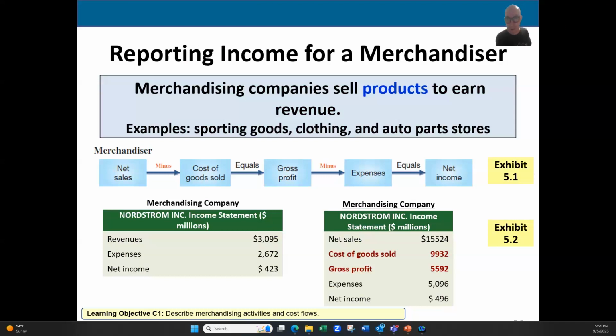You can find anything at these stores, right? Literally, figuratively, pretty much everything. So, a merchandiser, or also known as a retailer, sells physical products to earn their revenue.